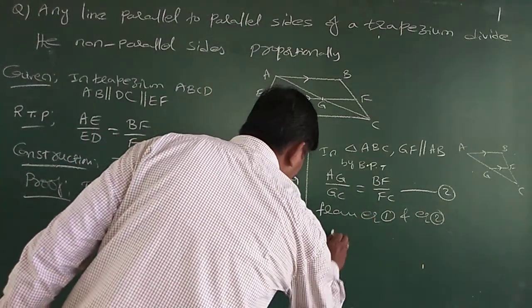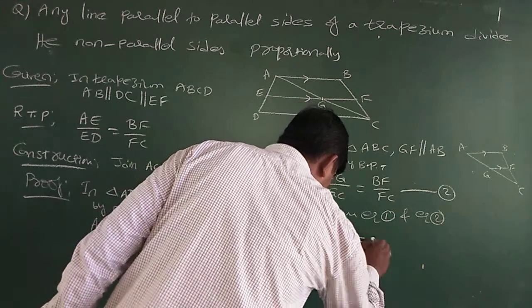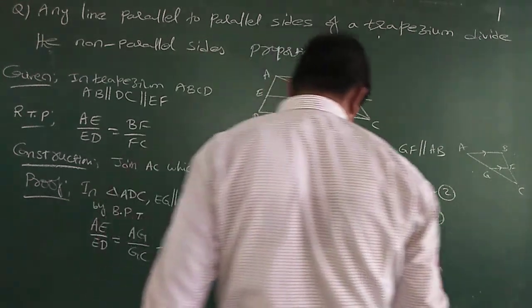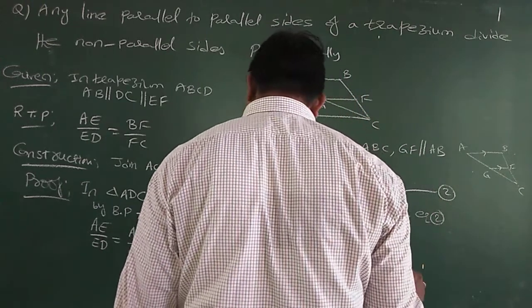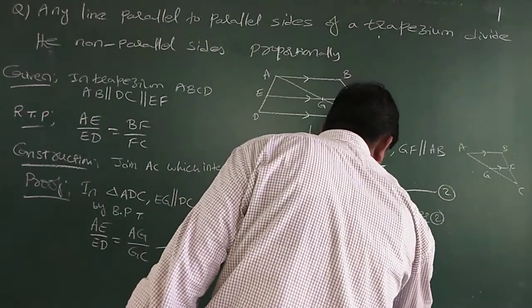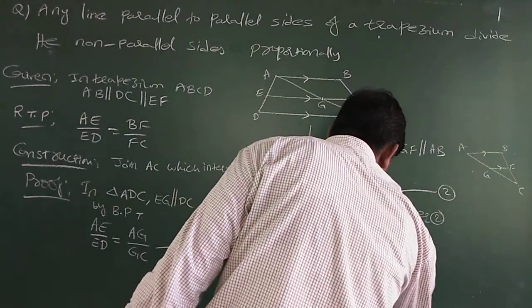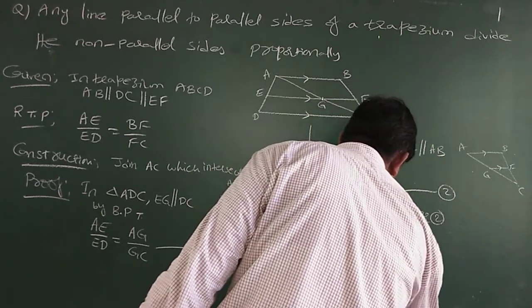Means AE by ED is equal to BF by FC. Okay, hence proved.